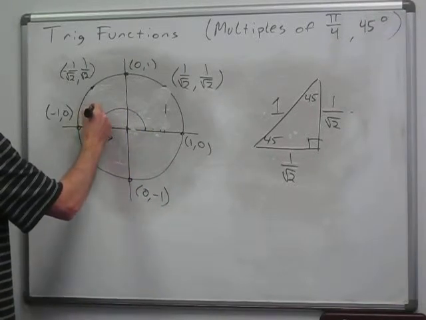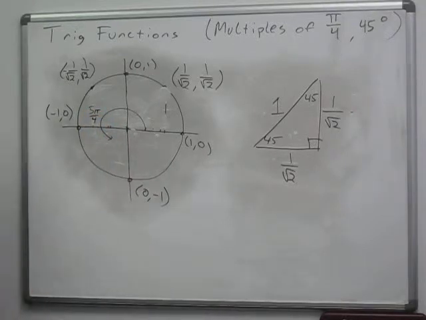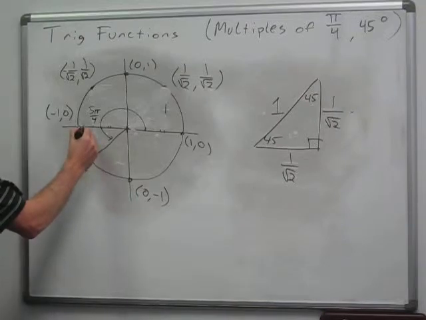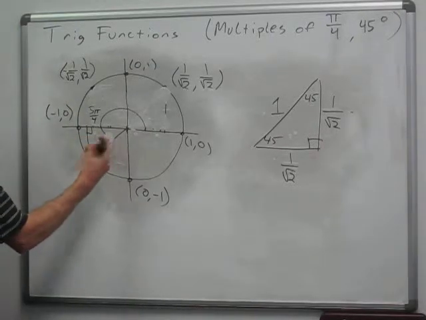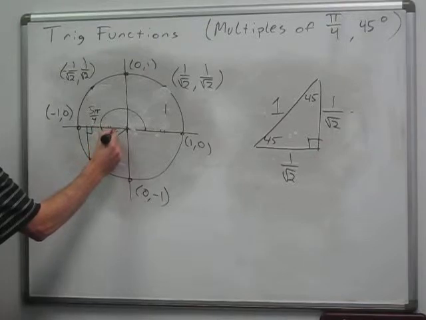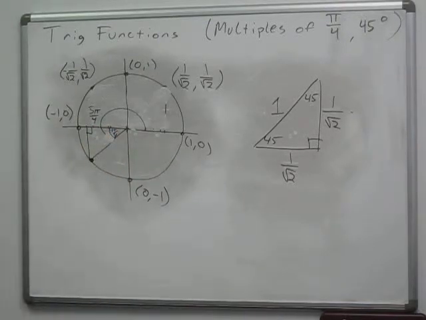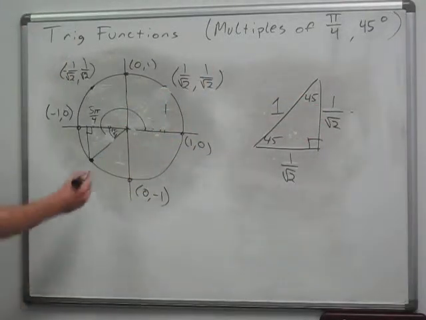Here's a rotation of 5 pi over 4. When I rotate 5 pi over 4, then notice this reference triangle here, it's going to have an angle right there of pi over 4. So it's exactly this triangle, just kind of turned around a little bit.